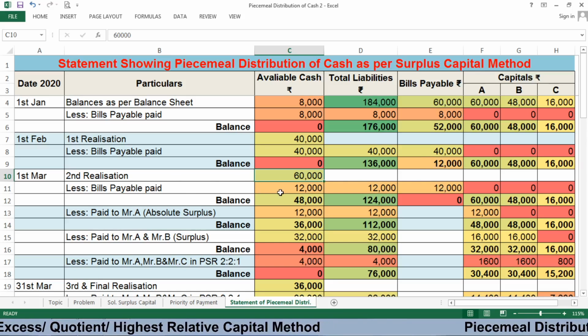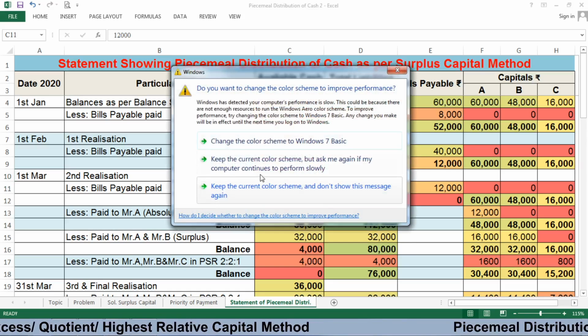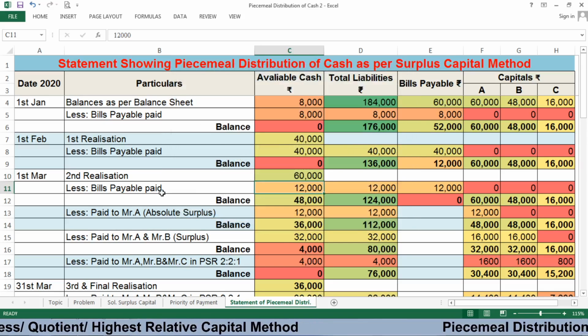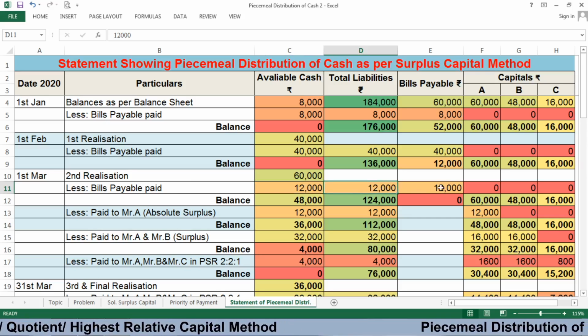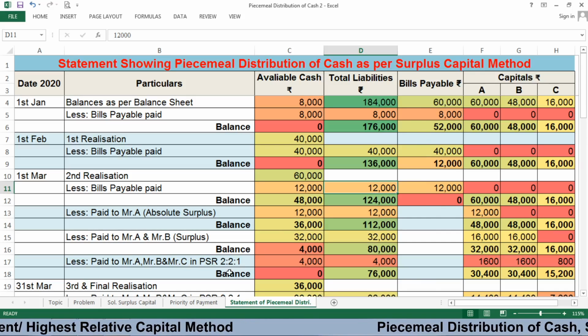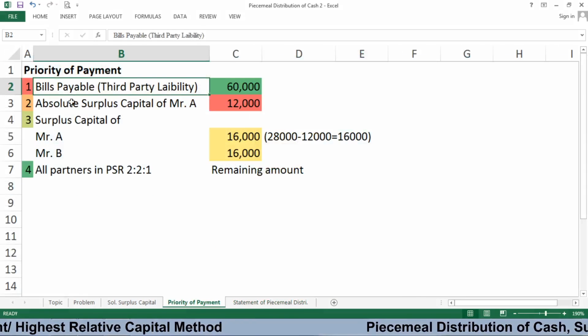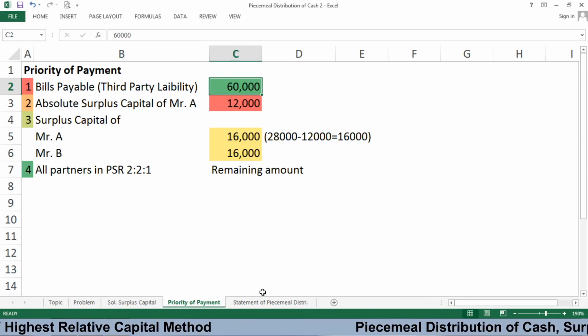So first of all, we will pay bills payable, that is, less 12,000 bills payable from 60,000. Our total liability will be reduced by 12,000, and bills payable also will be reduced by 12,000. Now the bills payable balance will be 0. So in this way, our first third party liability, which was given priority of payment, is fully nil.